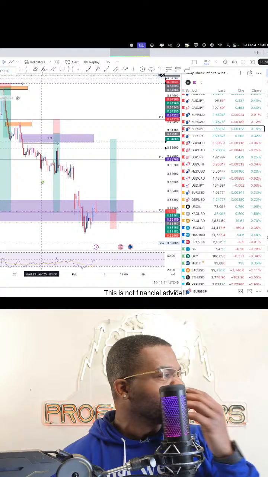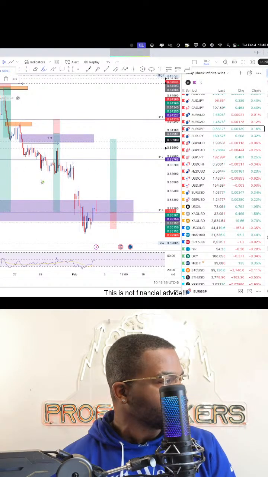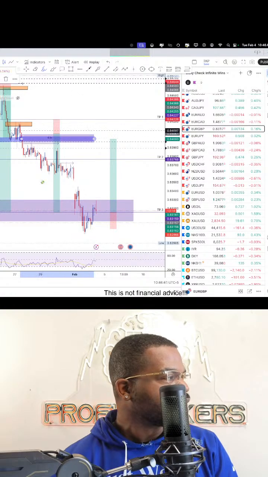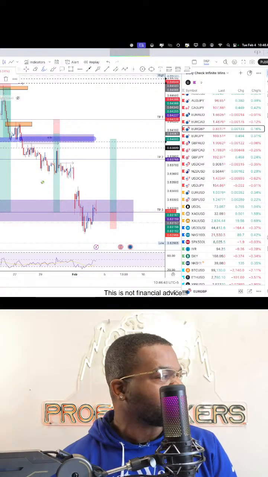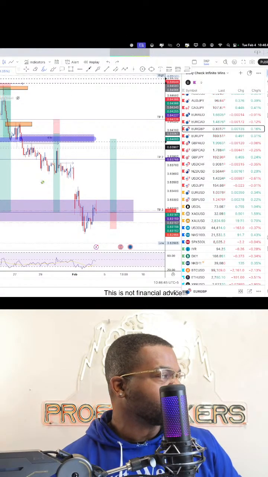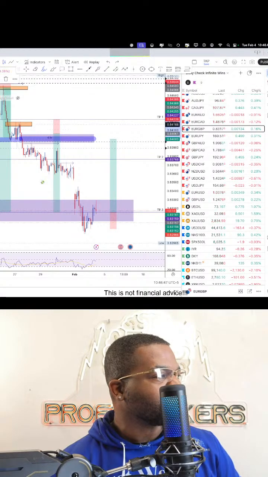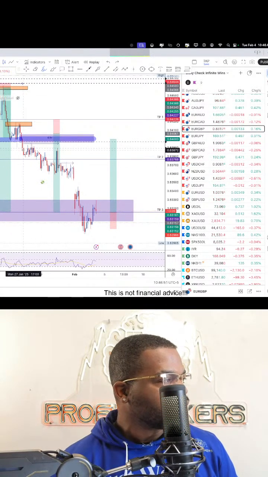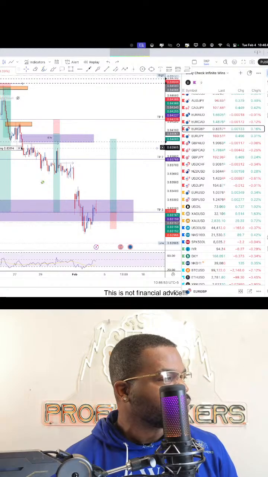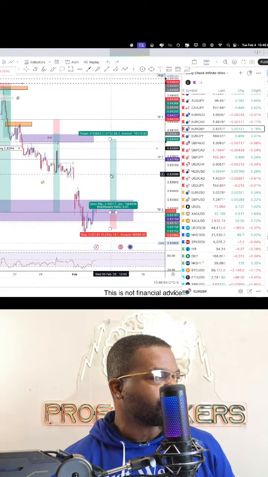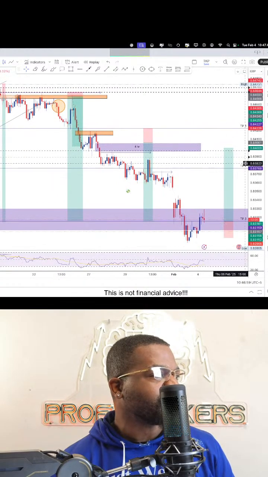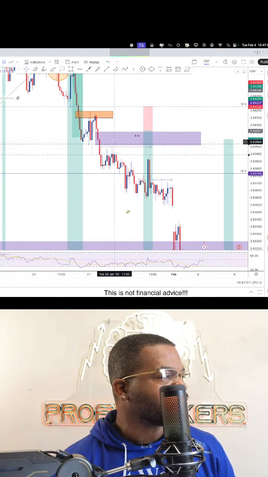Now, if we look to the left, this entire area right here, that's a structural level. Price fought to break above it, and once it did, it fought hard to stay above it. And hold on, let me zoom in so you can see. When that downtrend started, it broke beneath that area, but it never retested it.